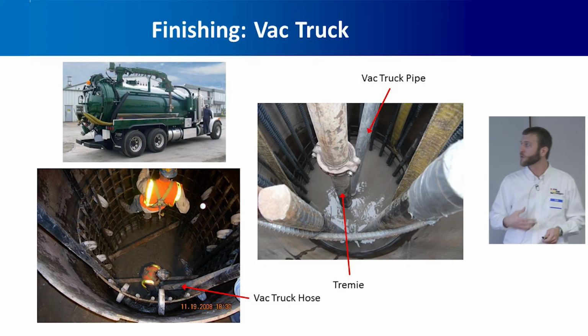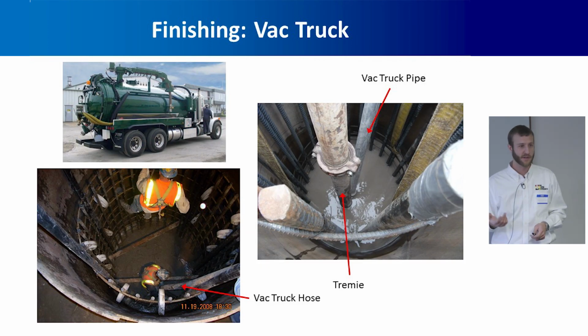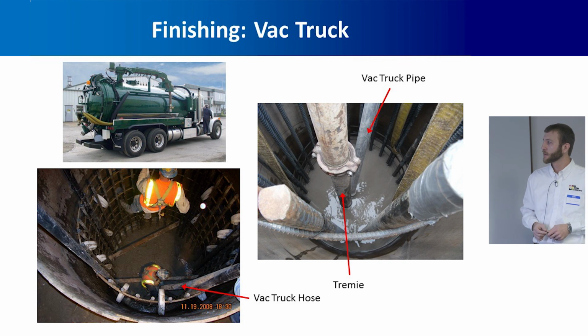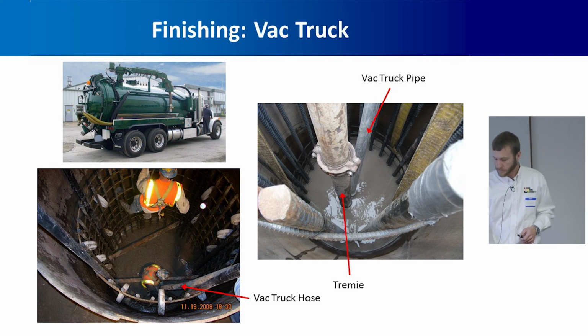So one thing we can do is use a vac truck to clean away that poor quality concrete. Here's a couple of different scenarios. This is at Pier 5 from Hastings, so this is the trimmie, and this is the pipe from the vac truck. Here's another project where they're trying to finish the shaft off way down in the casing.